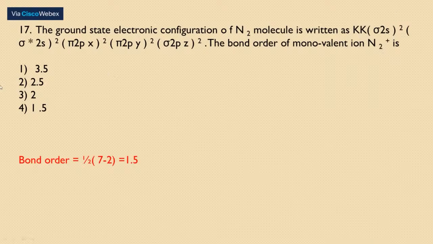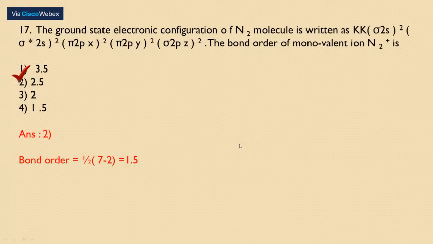Only one anti-bonding molecular orbital is found here, sigma star 2s, where 2 electrons are occupied, thereby minus 2, and the bond order is found to be 1.5.